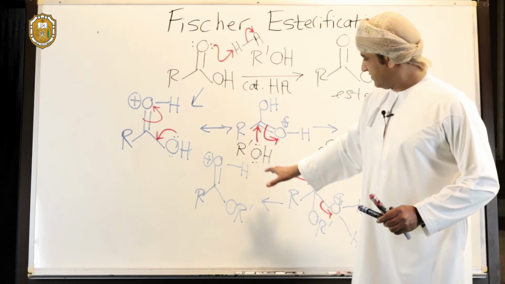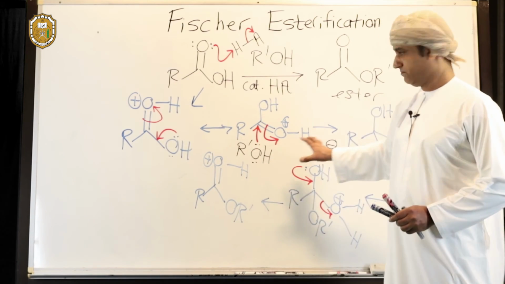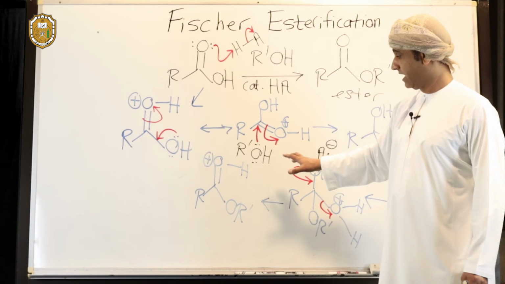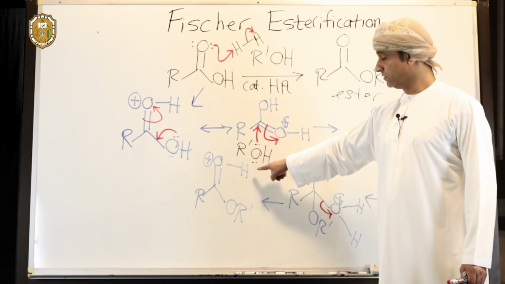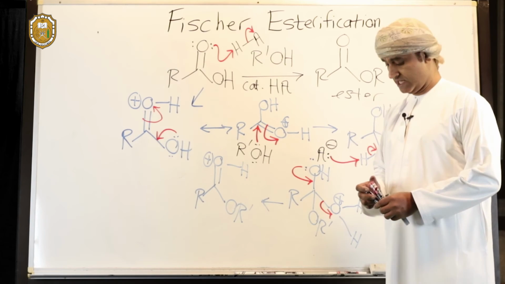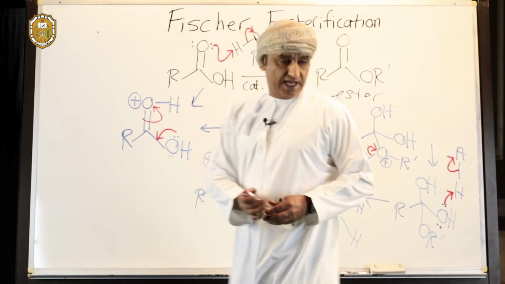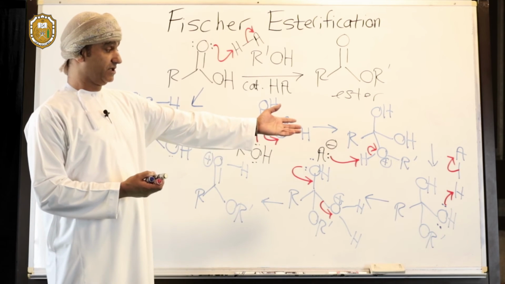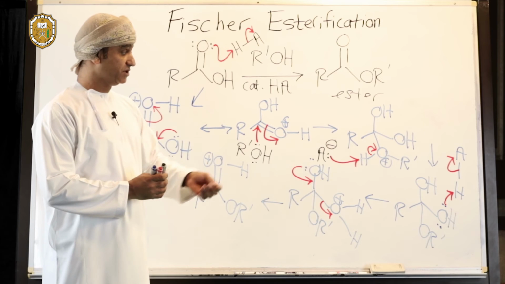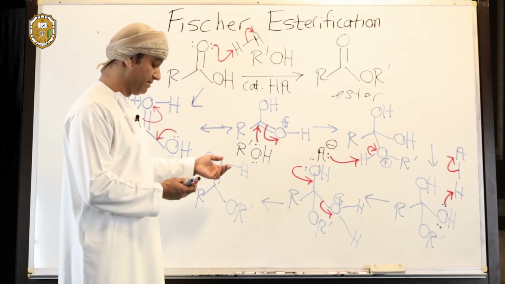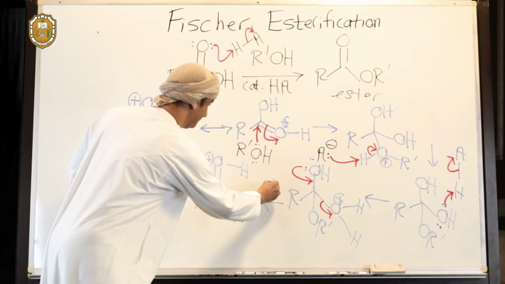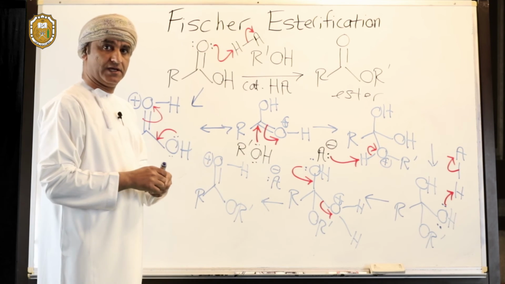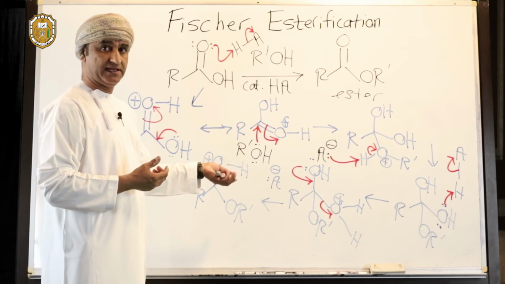Now, if you look at this intermediate, we have most of the components. So we are nearly there. So the last step would be for this intermediate to lose this hydrogen, and what can come in now is a conjugate base. So A minus, the conjugate base of the acid, which was used in that protonation step. So the A minus can come in now here, the conjugate base of the acid. Remember, if it's HCl, then it's Cl minus.